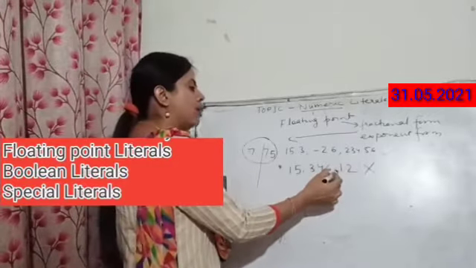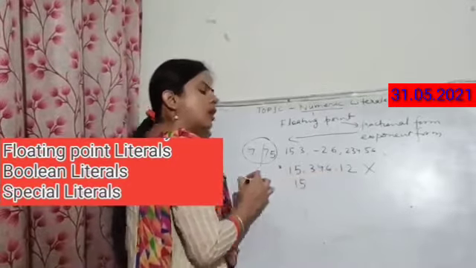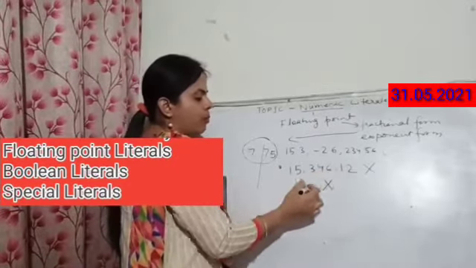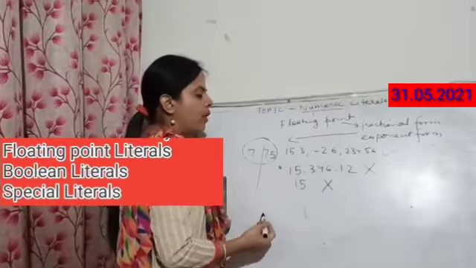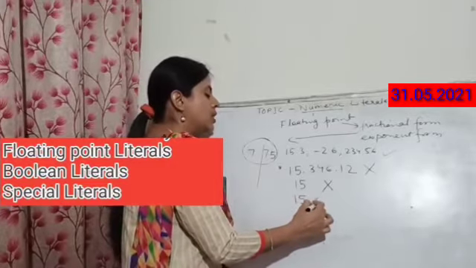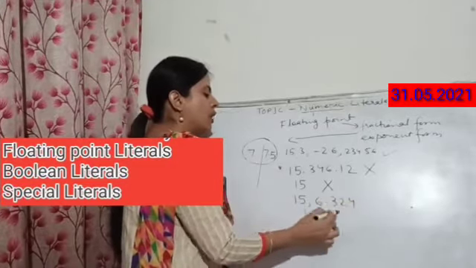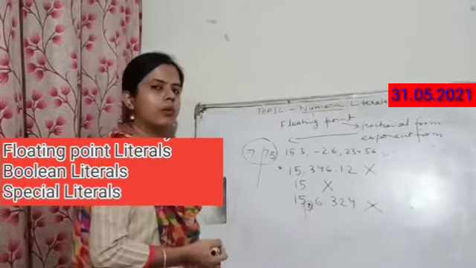This will be an error because two decimal points are not allowed. If only the number 15 is written, it is also not a floating point literal because there is no decimal point, no fractional part. Now suppose I have written 15,6.324, this is also not allowed. Comma is not allowed in a floating point literal.